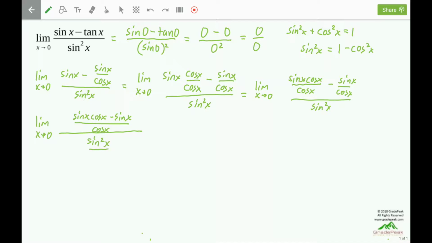We're going to reciprocate that and multiply it. So I need to make it a fraction. I put it over 1 so that it is a fraction to reciprocate and multiply, and that's going to be our next step here. So we have limit as x goes to 0 of the sine of x cosine of x minus sine of x divided by cosine of x. And this is going to be multiplied by 1 over sine squared of x.